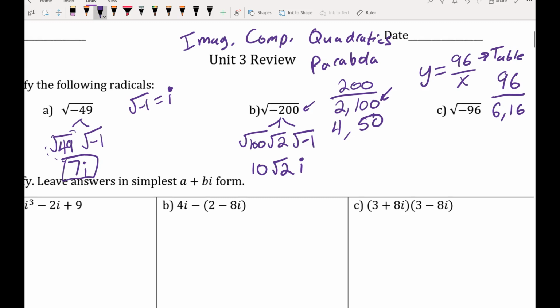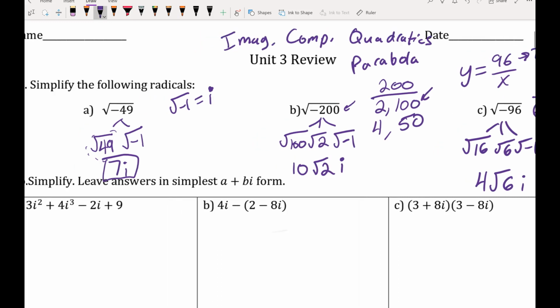That'll give you all the factors of 96, and you just look for those perfect squares. So I'm going to break it into 16, 6, and negative 1. So my final answer is 4 radical 6 i. I always add that i to the end of my numbers because a lot of the time they tell me to put it in a plus bi form where that i is going to be at the end.